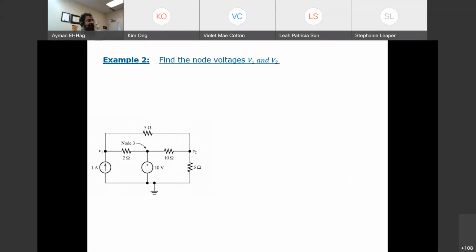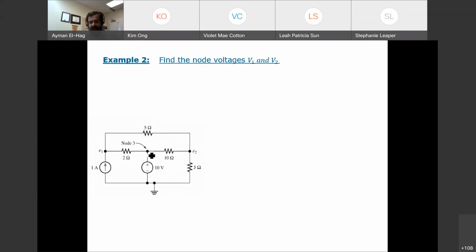Okay, so here, this is an exam question. This is a typical exam question. Okay, so here find the node voltages. We need to find V1 and V2. Now we have to see how many nodes we have. 1, 2, 3, but I only assign V1 and V2. Why? Because this node, which is node number 3, I know the voltage.